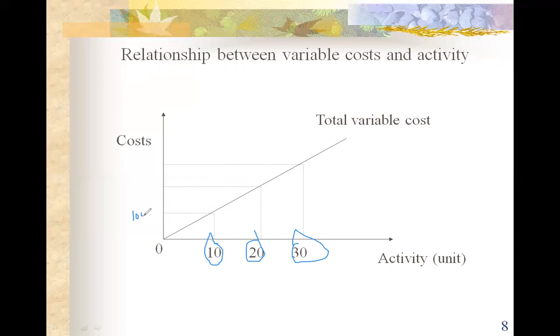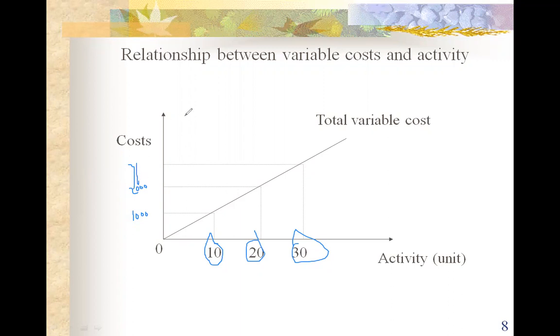But same if we produce 20 units, then our production cost will be 20 into 100, that means 2,000. And same if we produce 30 units, the price will be 3,000.